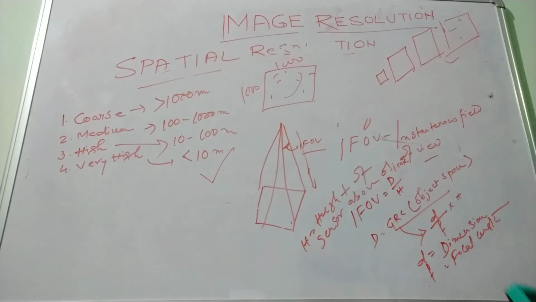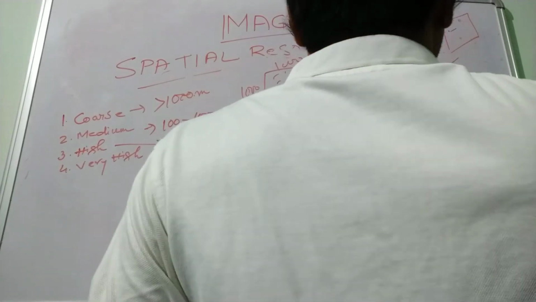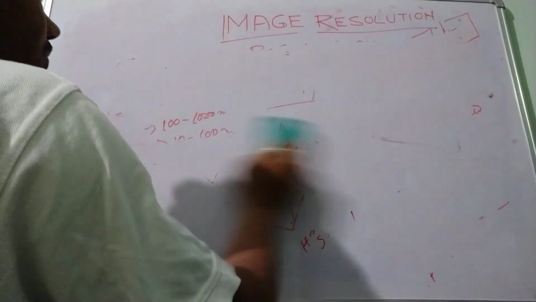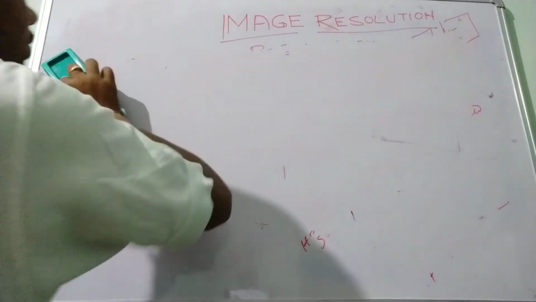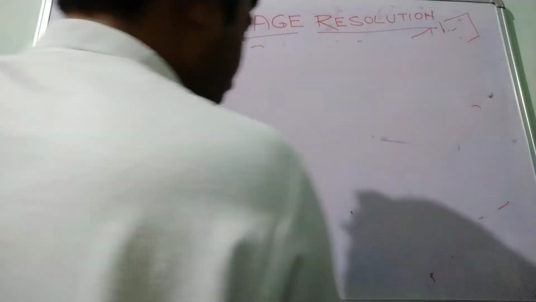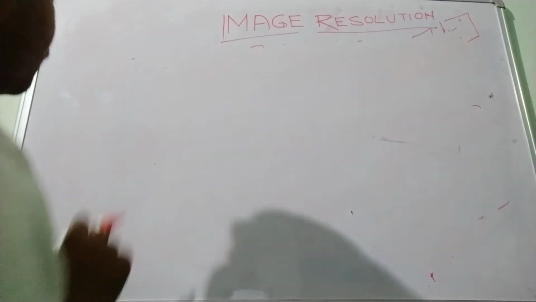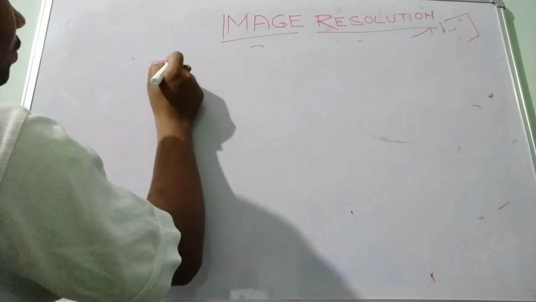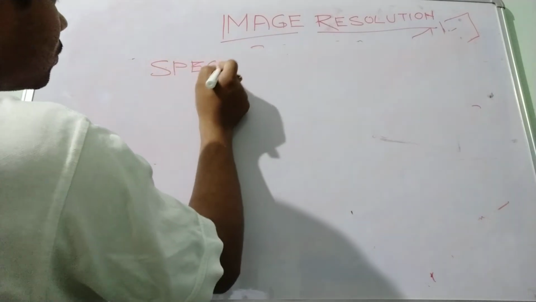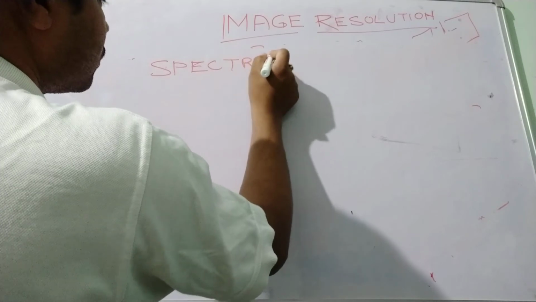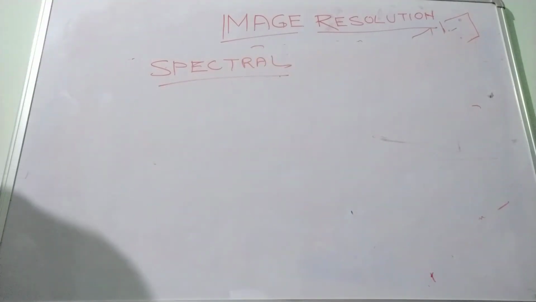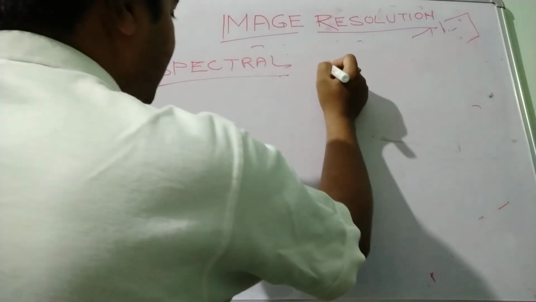Next, coming to the spectral resolution. The spectral resolution refers to the capability of the sensor to resolve the energy measured in the spectral bandwidth of the electromagnetic radiation.